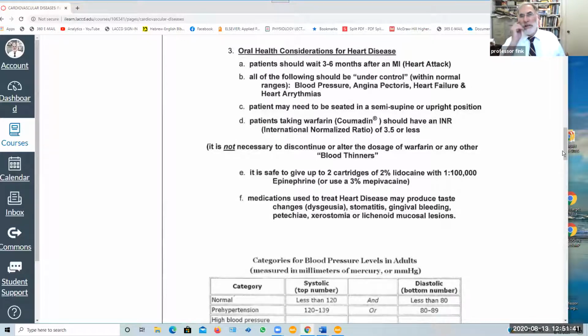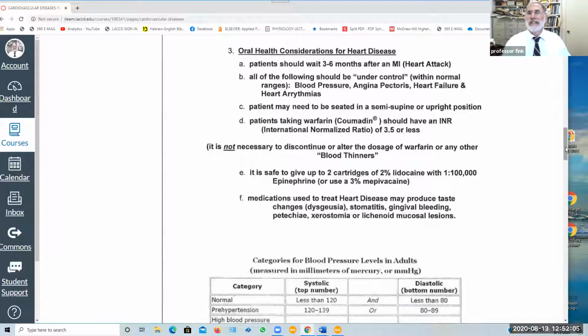All of the following should be under control: their blood pressure. If they've got medication for high blood pressure, they should be taking it. Medication for angina pectoris, heart failure, and heart arrhythmias. All of that should be under control. And of course, it would be valuable perhaps to check with their doctor to confirm.